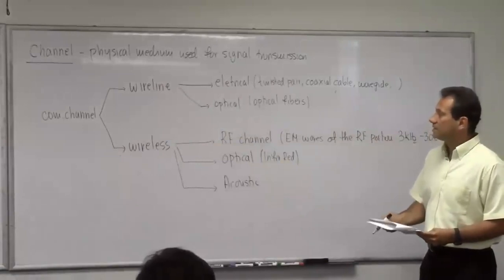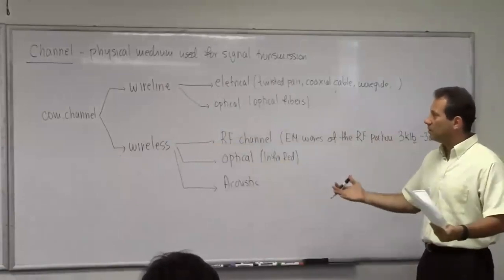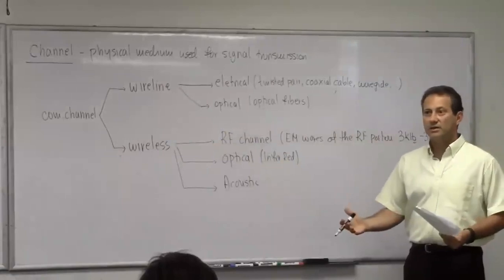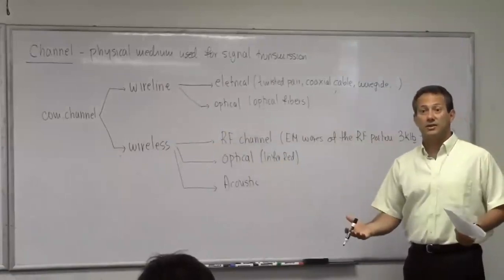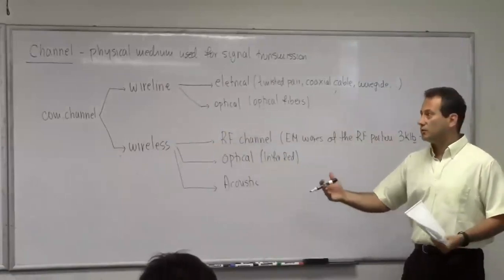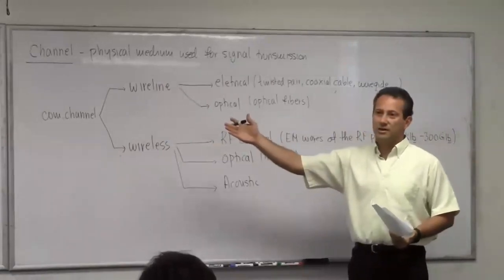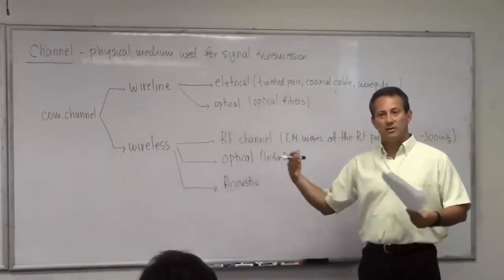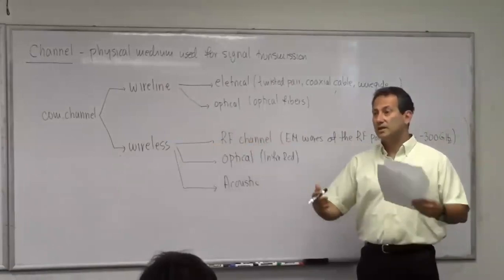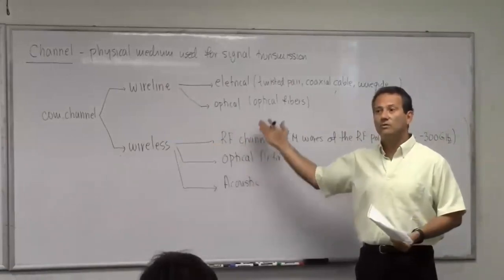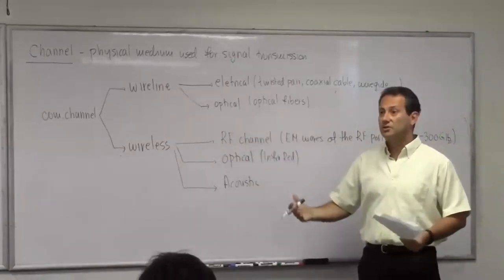Now, one of the most significant properties of the channel is that it distorts the signal. In other words, what you place into the communication channel and what comes out of the channel are not going to be the same thing. That's universally true for all of these channels. They're going to change your signal.